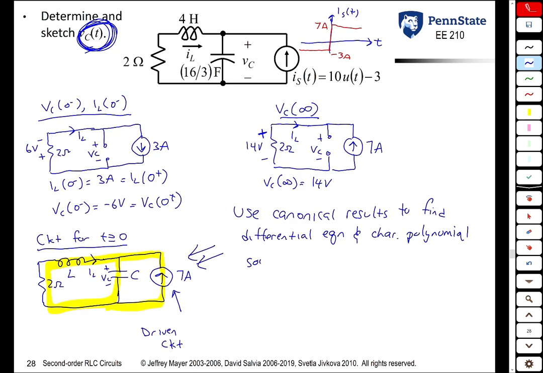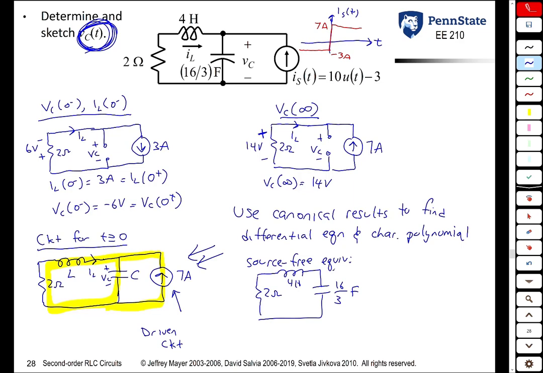So the source-free equivalent is the following: a 2 ohm resistor, a 4 henry inductor, and a 16/3 farad capacitor.